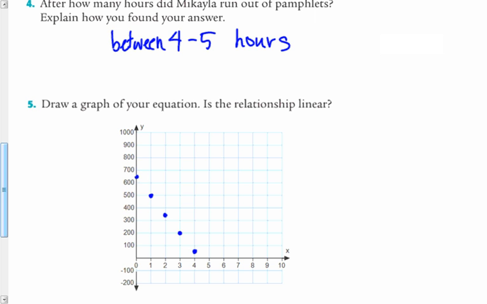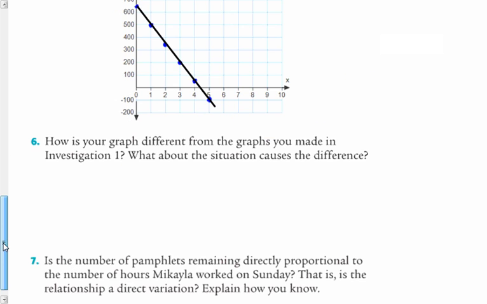If I subtracted 150 from 50, I would actually be at negative 100 right here. And then I want to draw a line in there because she's continuously delivering pamphlets. So that's going to look like that. Is the relationship linear? Definitely. It's a straight line.